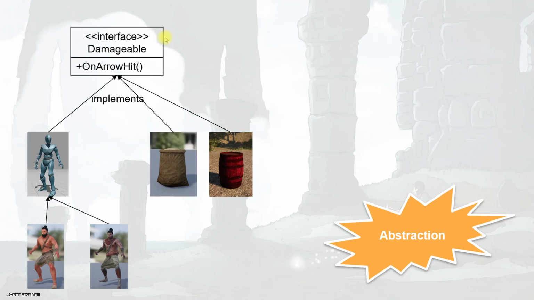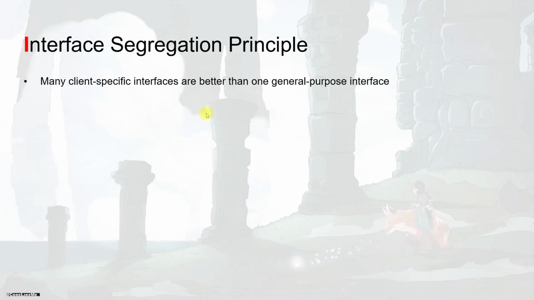This is what is meant by interface segregation. Many client-specific interfaces are better than one general-purpose interface. Just like in the previous case, if we go with the human interface, then that's bad. That will break this rule. By breaking this rule, we will have problems with maintainability, reusability, and changing the code.